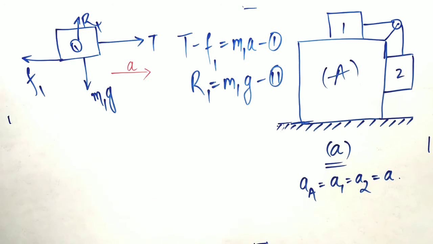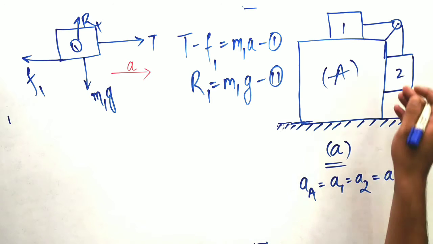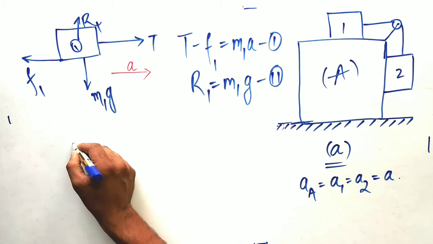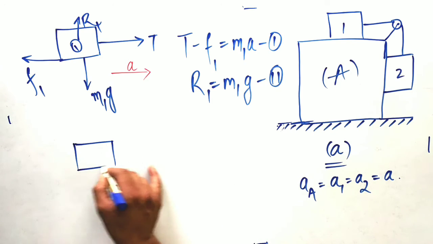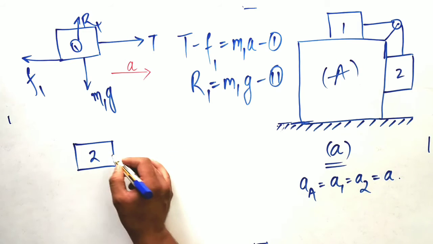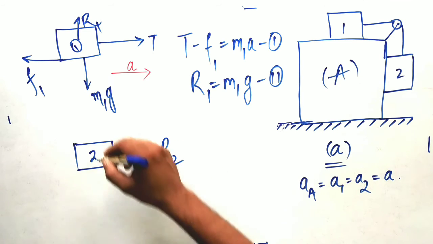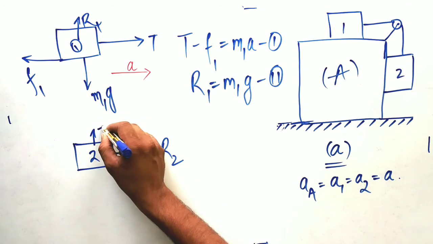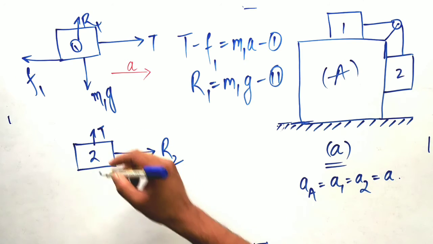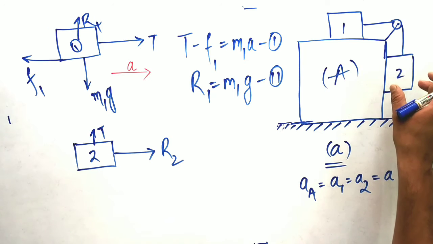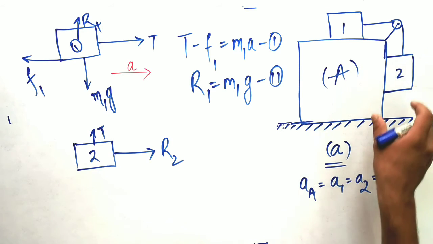Now we will talk about the second block and write the equations for it. This block has the tendency to move downwards.